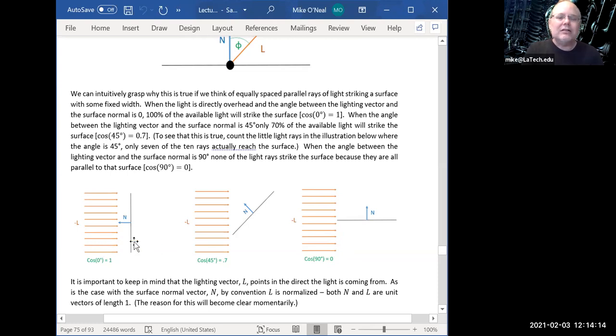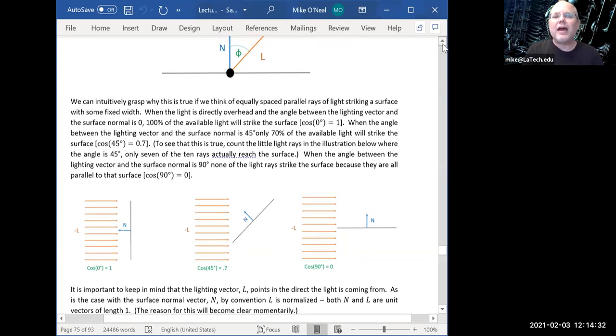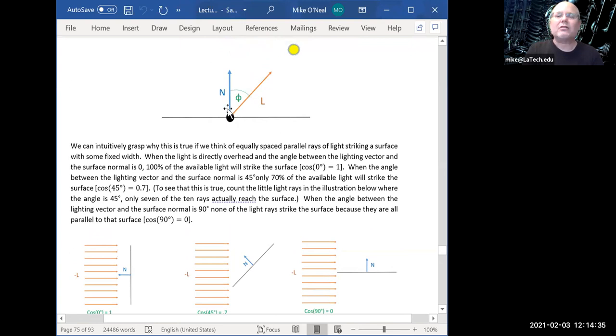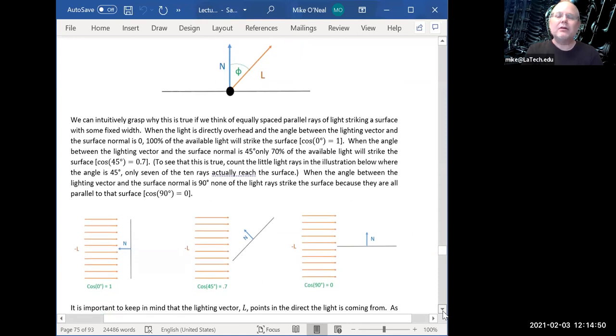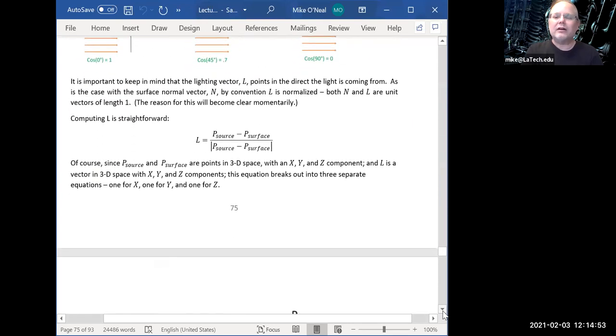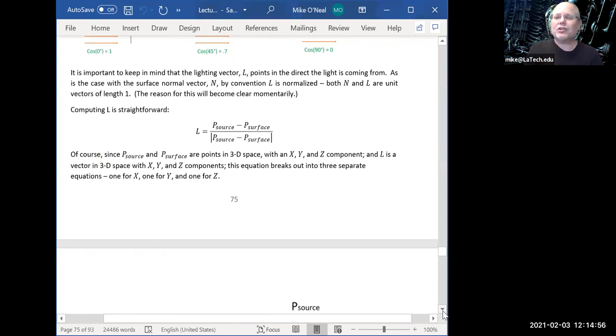So you vary between all of the light hitting the surface, 100% or 1, about 70% of the light hitting the surface at a 45-degree angle, and 0% of the light hitting the surface at a 90-degree angle. So the angle between the lighting vector and the surface normal will determine how much this surface is lit by this point light source. That's conceptually what's happening here. Next time, we'll get into the math of computing it, but that's the general idea.